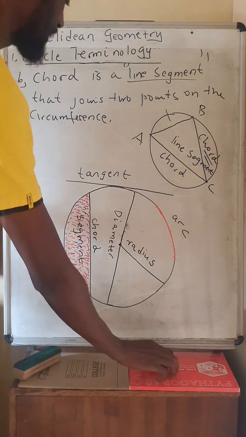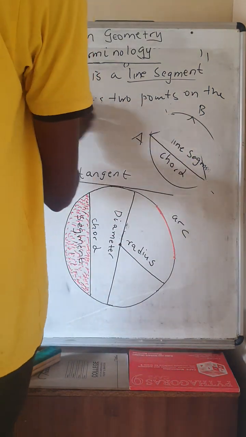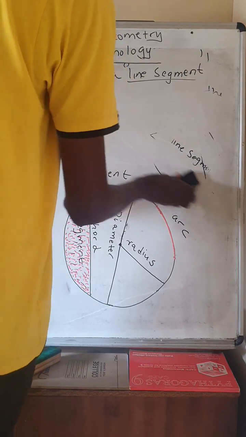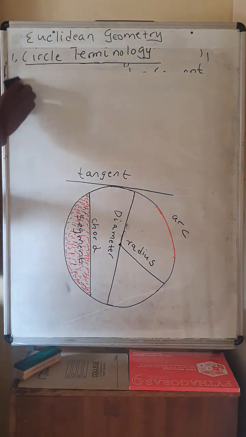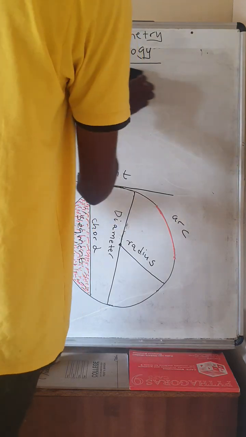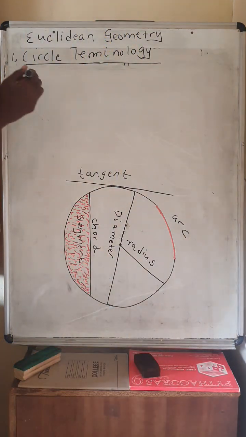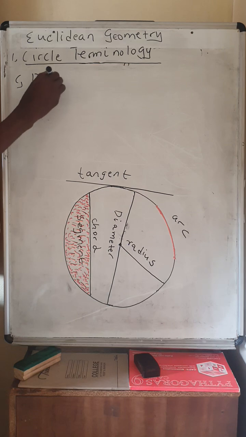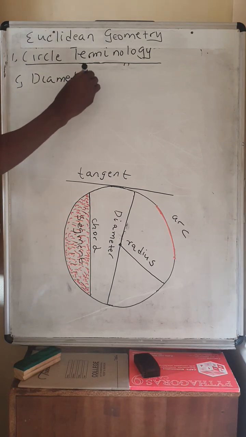So let us go to the next one. The next one that I'm going to discuss with you will be, sorry, a diameter. C will be a diameter. What is a diameter?